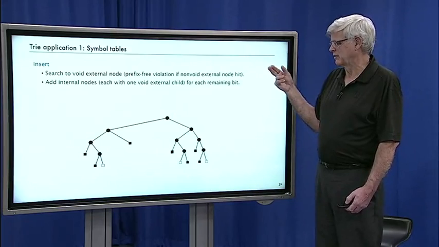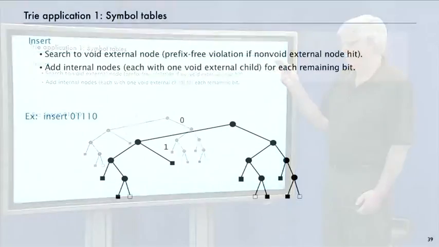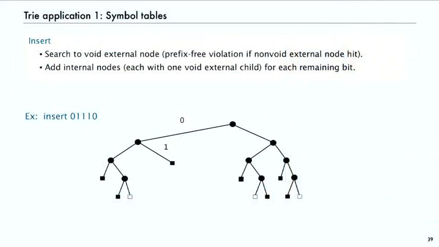But to insert a new key, it's going to wind up at a void external node. So to insert 01110, we go left for the 0, right for the 1, and now we're at a void external node. For each remaining bit in our key, we want to add a new internal node with one void external child and the other one corresponding to our bit.